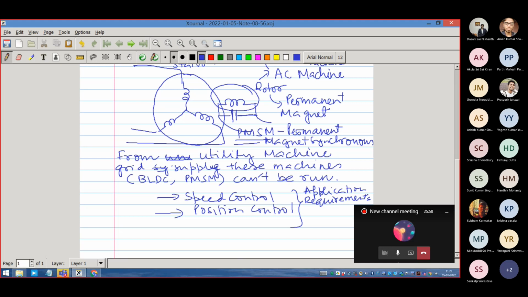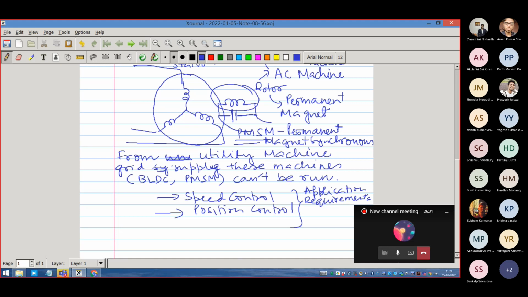Sometimes you want the conveyor to run at some speed when it is in the peak hours, the load is maximum, and the generator has to produce a lot of power. Then that conveyor which is carrying coal, I'm talking about traditional things, must run at higher speed compared to the time when the generator is running under slightly less load. So there is a requirement of speed control, okay.